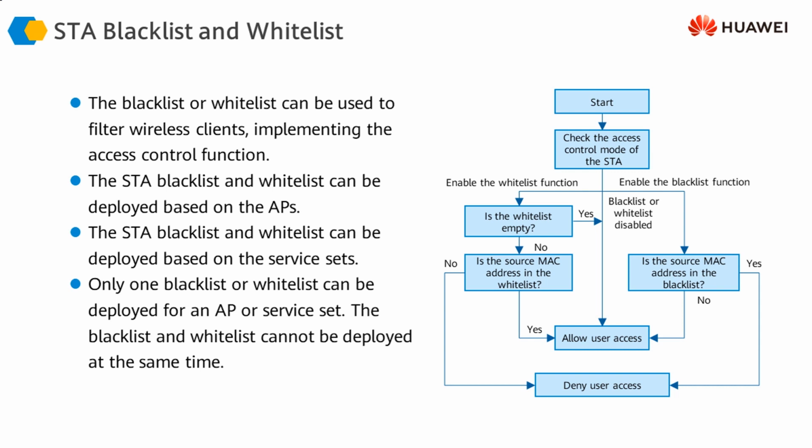Similarly, if you have configured a blacklist, anyone that is a member of the blacklist will not be allowed to connect, and anyone that is not part of the blacklist will be allowed to connect. So we can use whitelists and blacklists to allow or disallow stations from connecting to our devices.